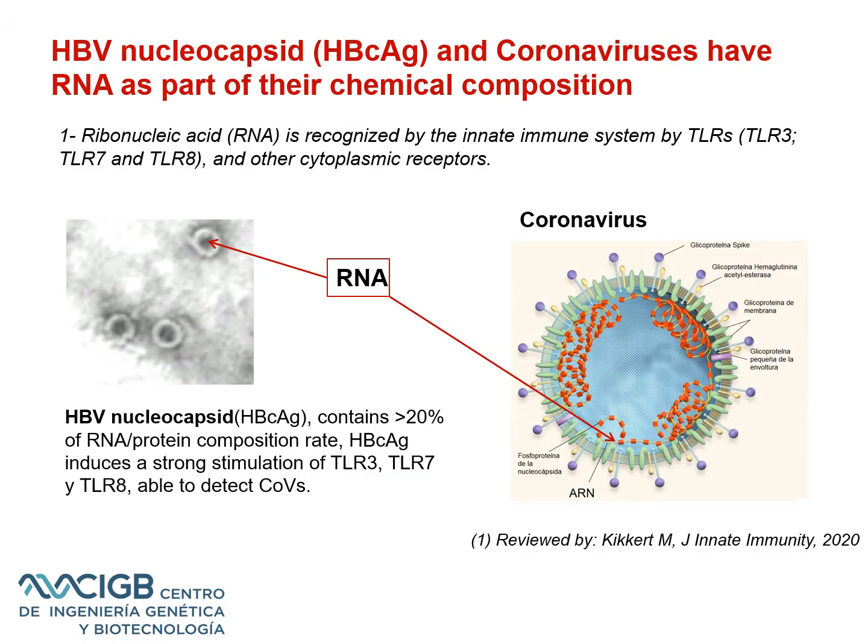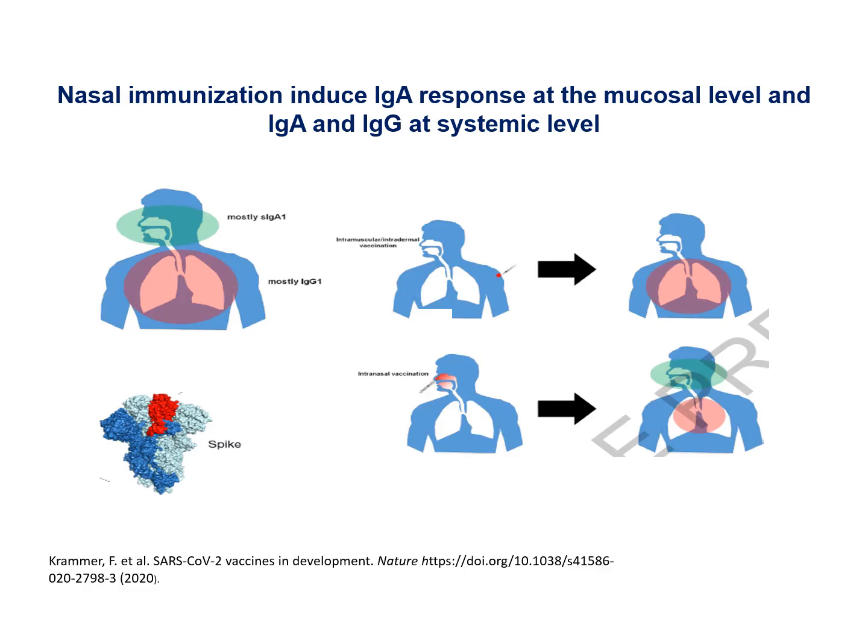As was mentioned before, the high content of RNA in this nucleocapsid particle is able to induce innate immune components like toll-like receptor 3, 7 and 8, and we use the capacity of this virus-like particle as immunopotentiator for the nasal route.